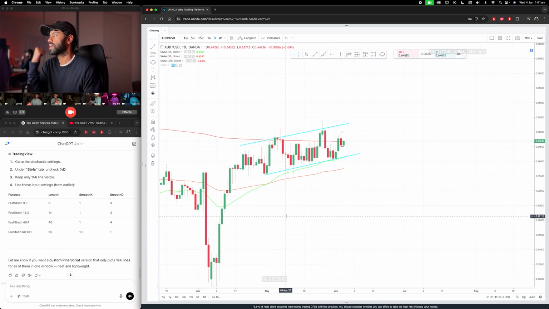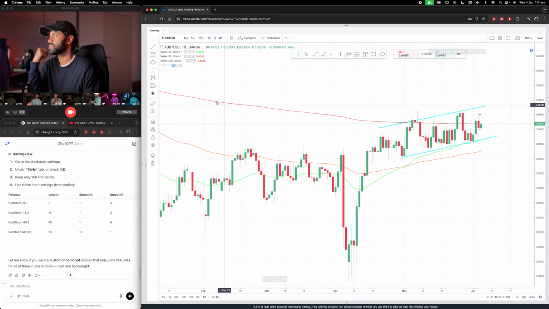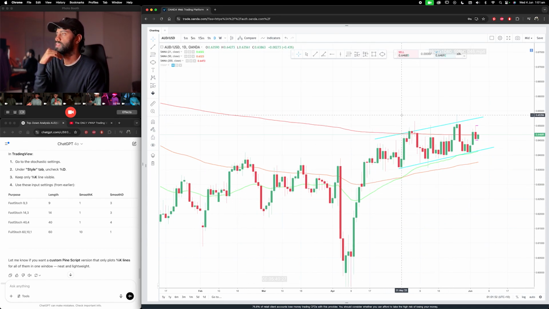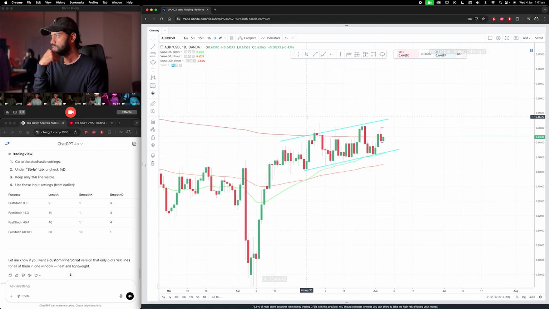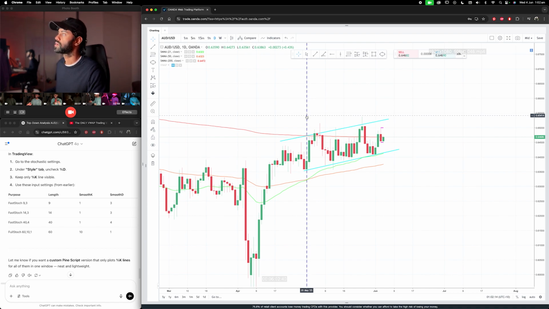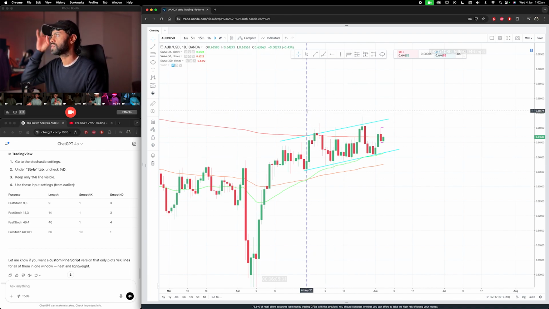That's the first sign that we are finishing the downtrend. As you can see, red, orange, green, we were in a downtrend, and on the 1st of May it started to go the other way around. The market started to flip, saying that it's not guaranteed that it will continue rising, but it might continue to drop as well. I'm just going to put a vertical line there just for our reference.